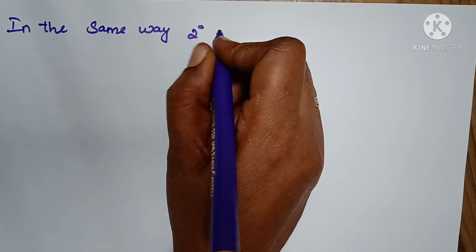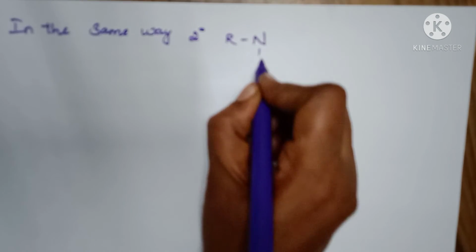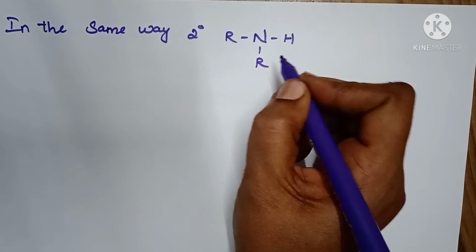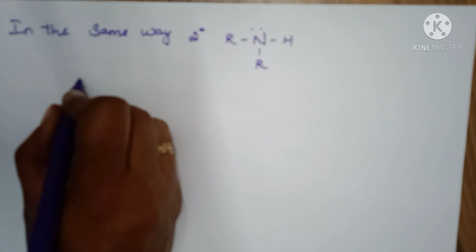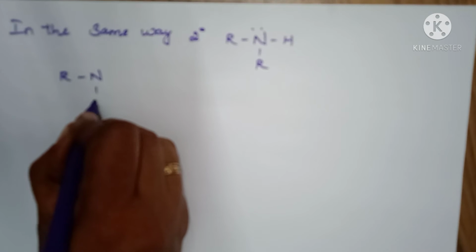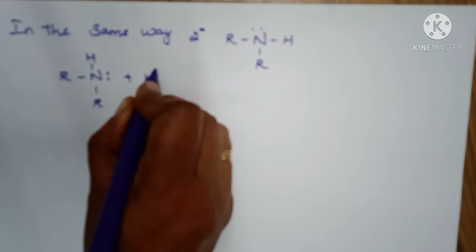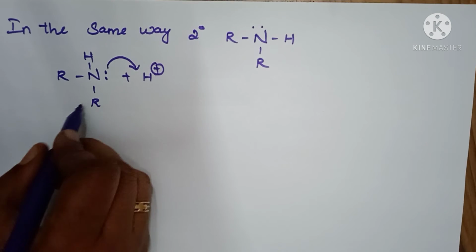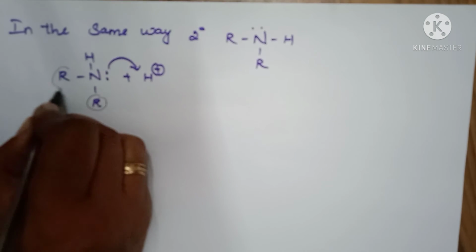In the same way, secondary amines are also stronger. You see here, secondary amine: I'll write it here R, here also R, here H. Okay, now the lone pair of electrons I have written in such a way that it will be easy for you. See here, N I have written, R, here R, here H. Lone pair of electrons here, H plus ion. It's ready to donate electrons because of the pushing. Two alkyl groups are there, two alkyl groups releasing electrons.